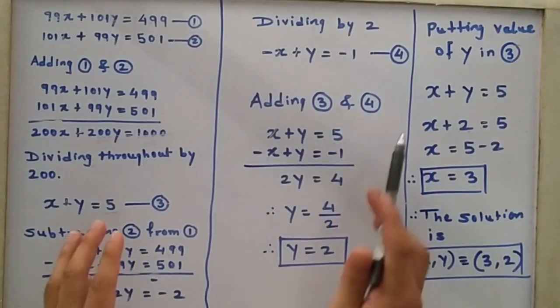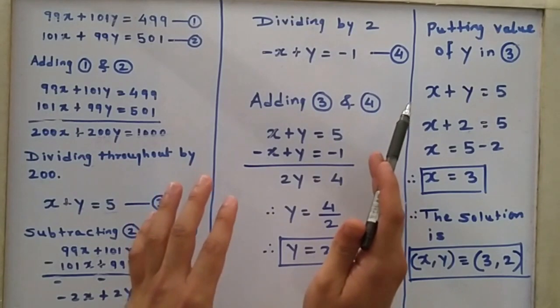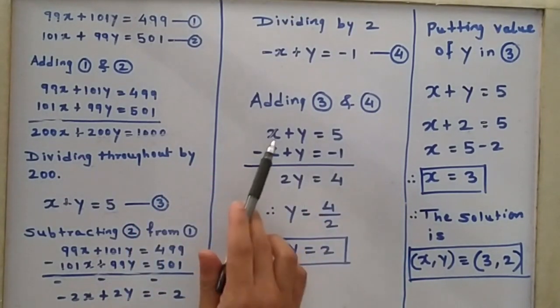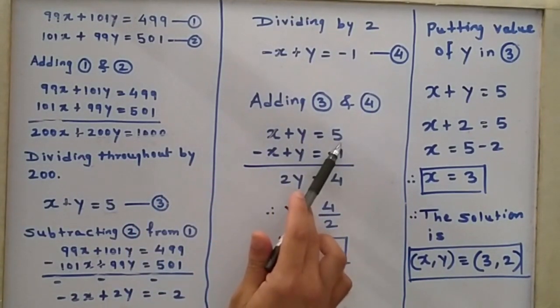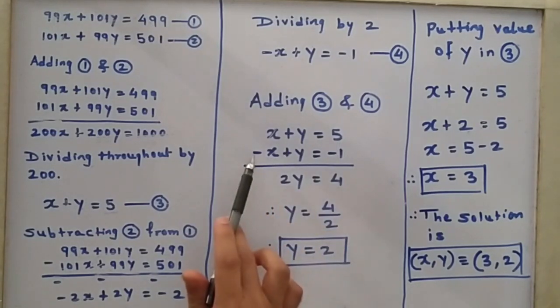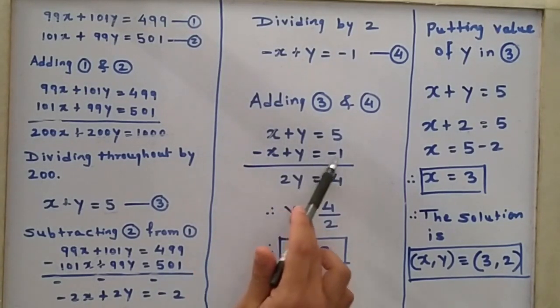Now we will take equation 3 and equation 4 together. In equation 3, x plus y is equal to 5, and in equation 4, minus x plus y is equal to minus 1.